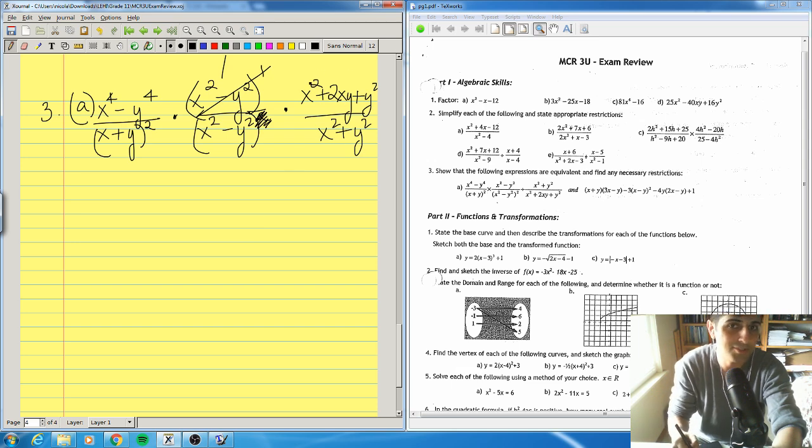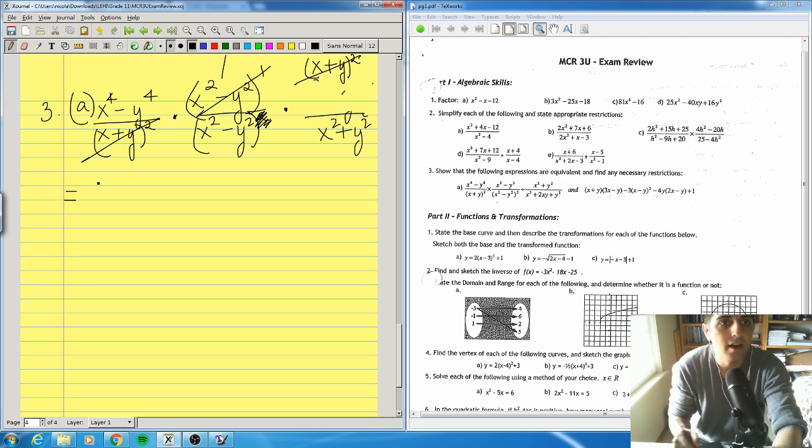Second thing I can do is notice that this is the expansion for x plus y squared. Okay, so if you run through it, that's the expansion for it. So I can replace this whole thing by x plus y squared. And what that'll leave me is one of those guys, x plus y squared in the top and x plus y squared in the bottom, so I can kill that off.